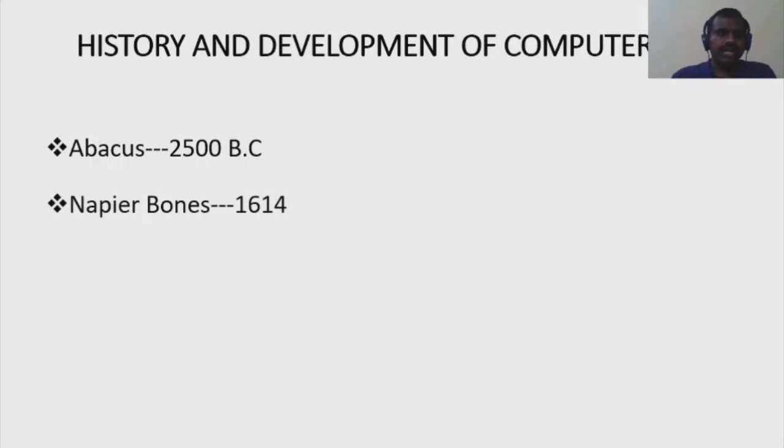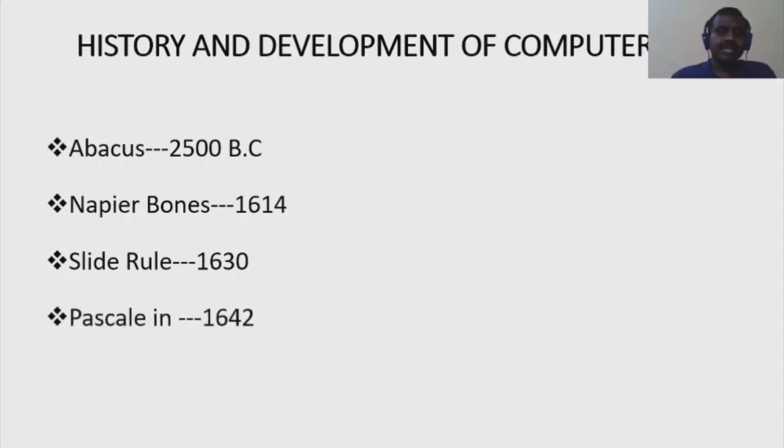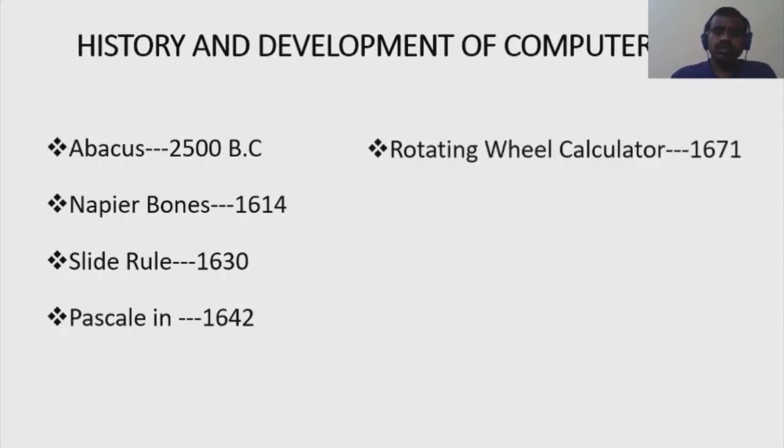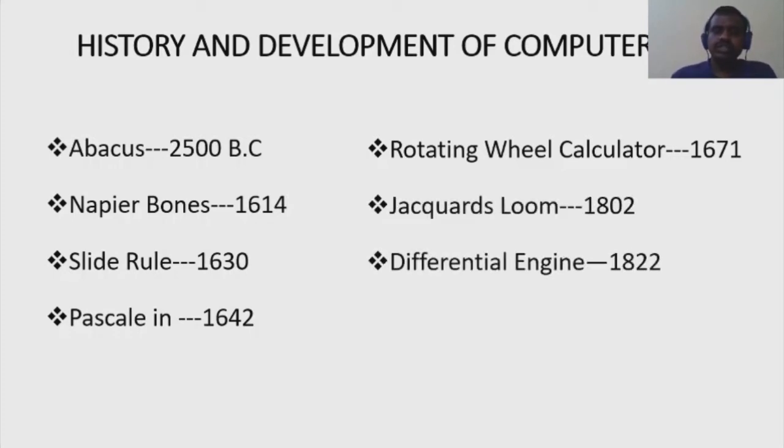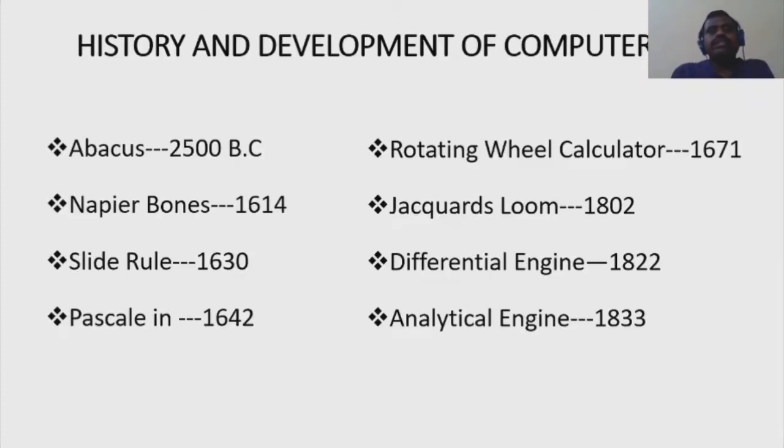Later on, Napier's bones in 1614, followed by the slide rule in 1630, Pascal's calculator in 1642, the rotating wheel calculator in 1671, the Jacquard loom in 1802, the difference engine in 1822, and the analytical engine in 1833. So this is the overall history and development of computers.